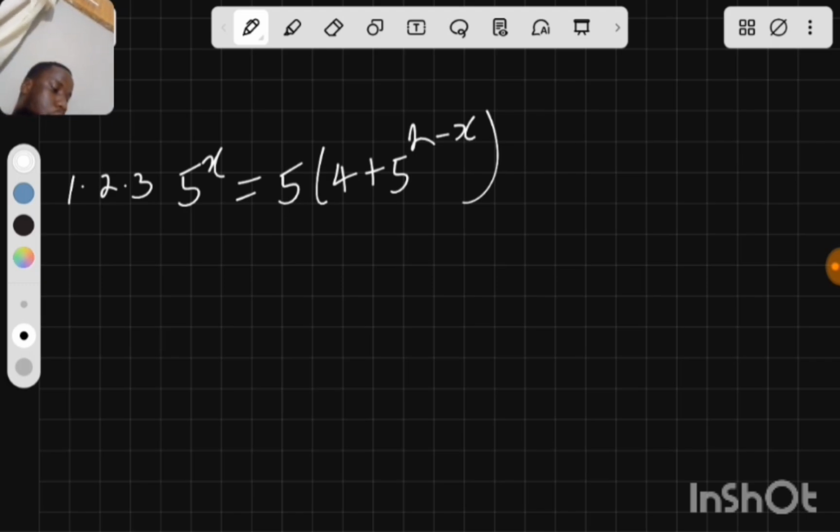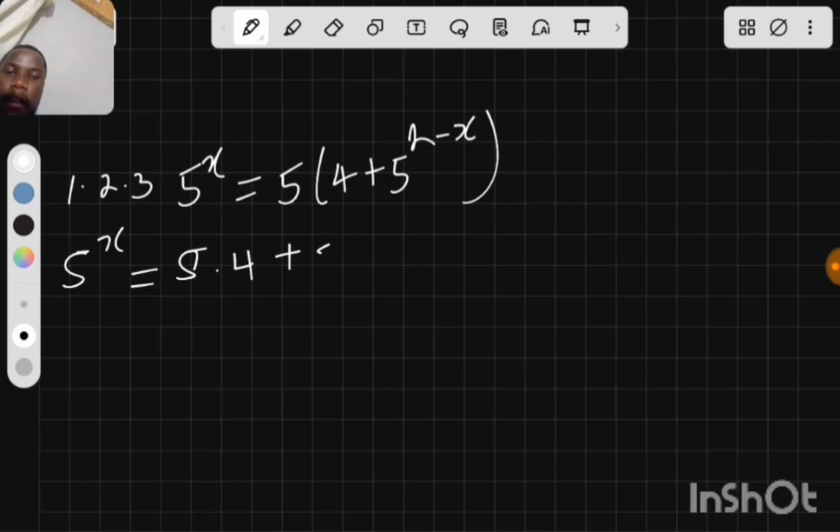Let's solve for x. When solving for x in this kind of question, you work like this. We're going to have 5 to the power x equal to, you make sure that 5 times everything in the brackets goes. That means 5 times 4 plus 5 times 5 to the power 2 minus x. I hope you understand.